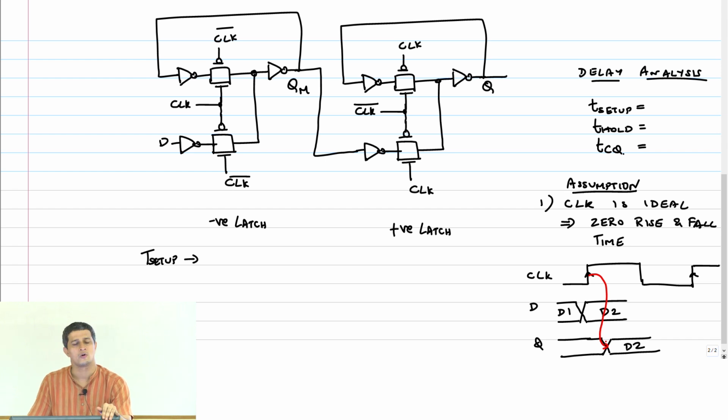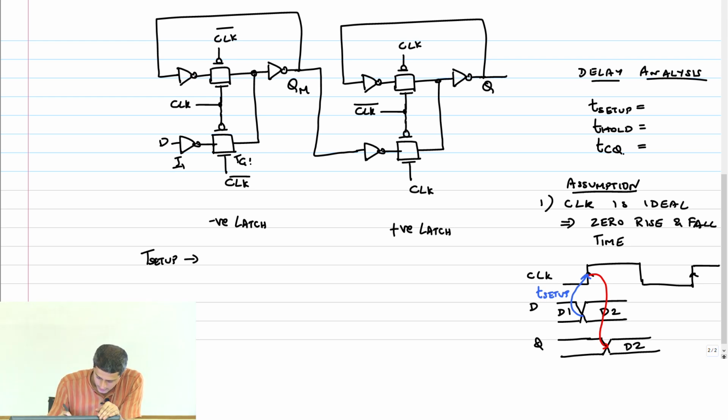So what are we trying to do? We are trying to move this particular edge, T setup, closer and closer, and then we are going to see when that data will not get captured. At what point will D2 not get captured? That's what we are going to theoretically first analyze. For that, let me label these inverters I1, TG1, TG2, transmission gate 2, I2 and I3.